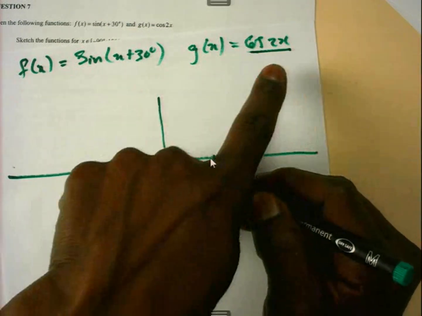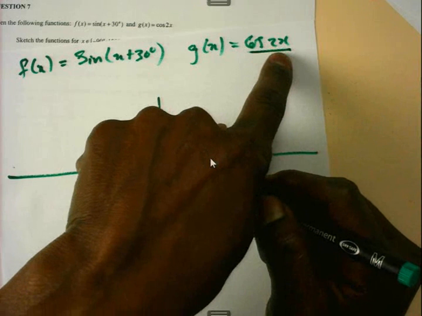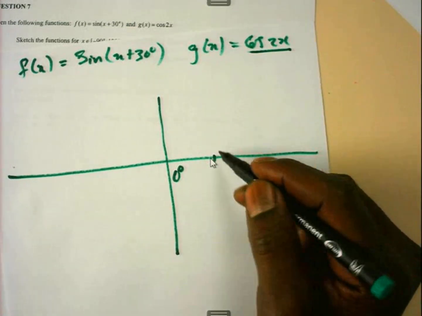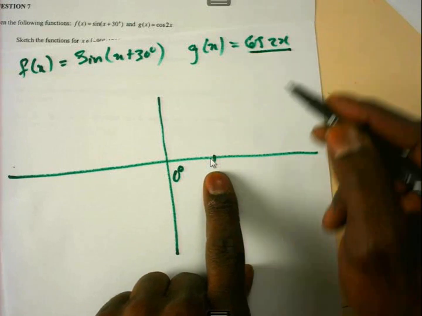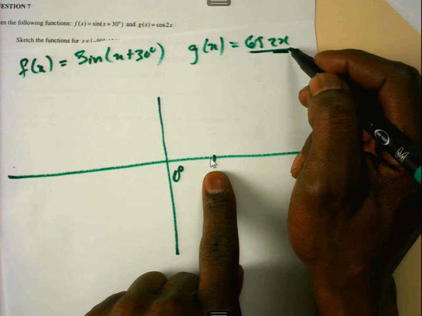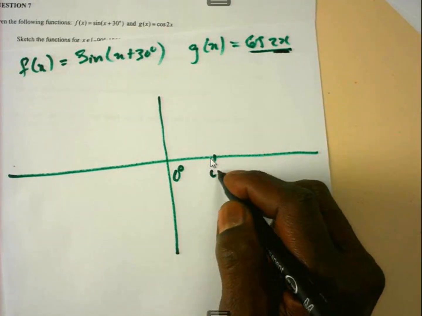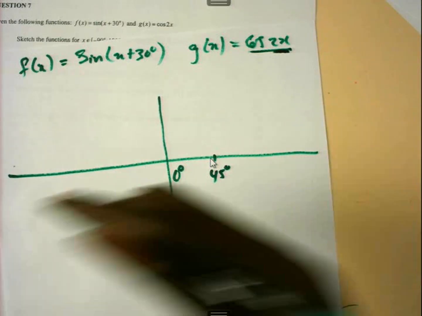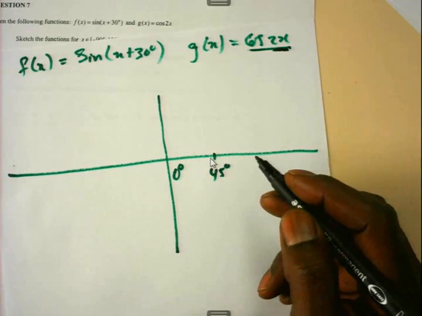But if we can have 90, it's going to be 2 times 90, and it's going to be 180. It's going to spoil our song. The next thing that we are expecting is to have 90. In order to have 90 there, we must multiply that x by 45 degrees. So that gives us the scale of our graphs as multiples of 45 degrees.